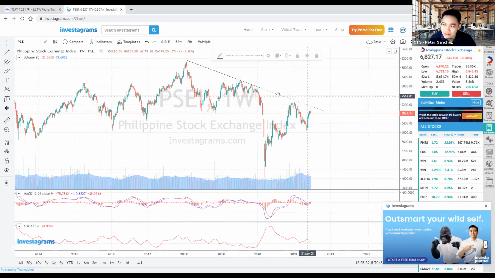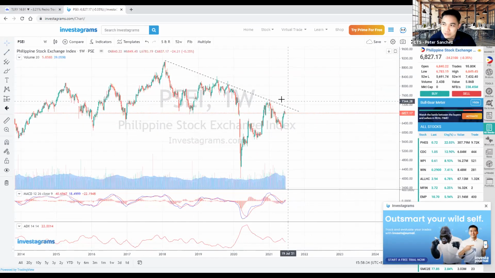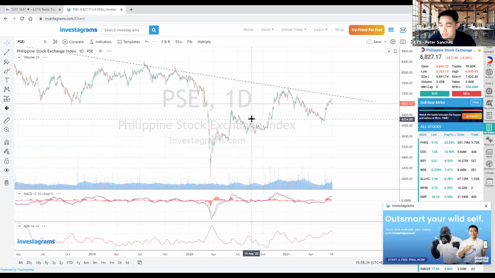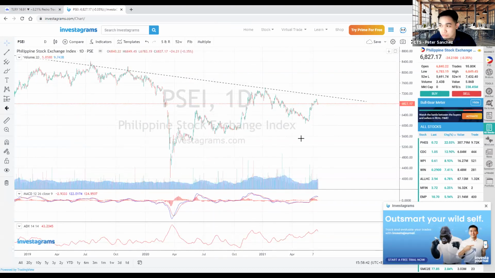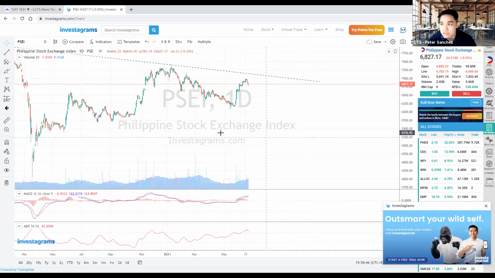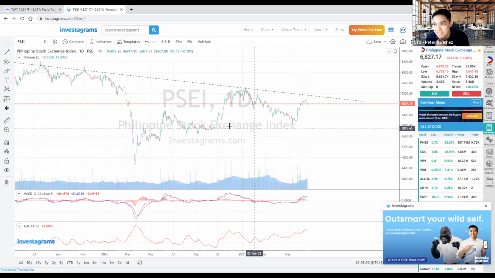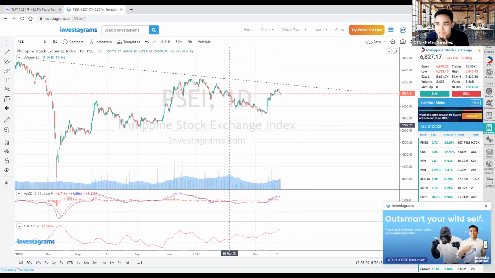So bigger picture, that's why hindi ko masyado pina-prioritize yung Philippines for me. But then again, may mga stocks na nagme-make ng new highs, katulad ng ASEN, katulad ng GMA7, stronger than the market siya. So may mga individual issues na pwede natin take advantage. Pero yung PSEI, kung ano yung laman ng PSEI, medyo low priority siya sa akin.